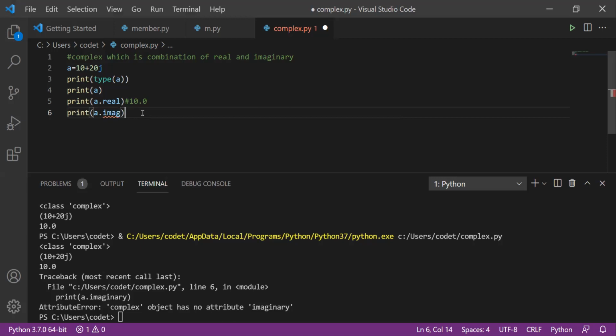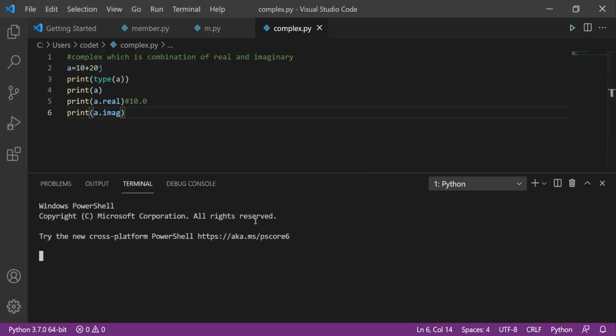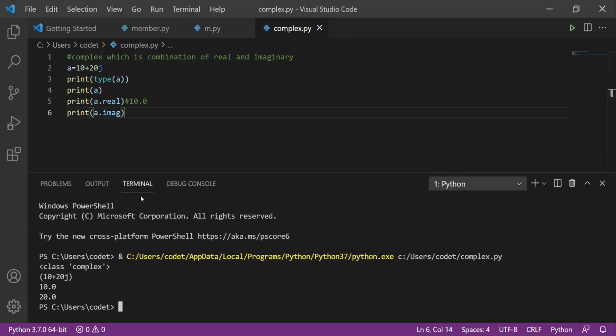You have to write imag, then it will be considered as the imaginary part. See, you got the answer which is 20.0. Whether real or imaginary, it is shown with decimals, 20.0.